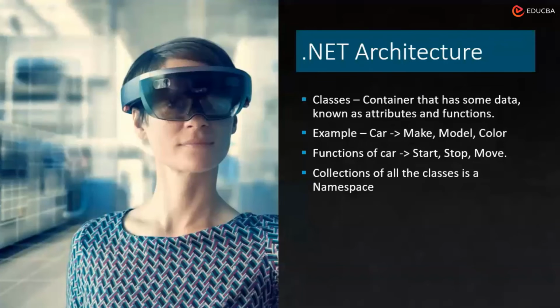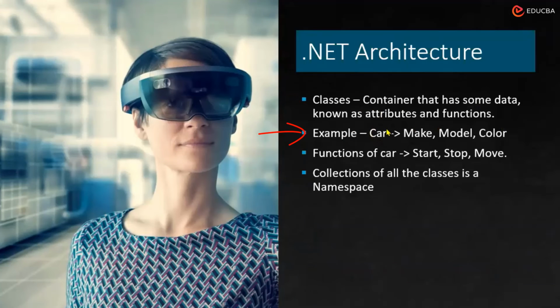If we move ahead, we can see the .NET architecture over here. We have a class, which is nothing but a container which can have some data. Data can be your attributes, your variables, your methods, or your functions. So a class can have multiple attributes and multiple functions.